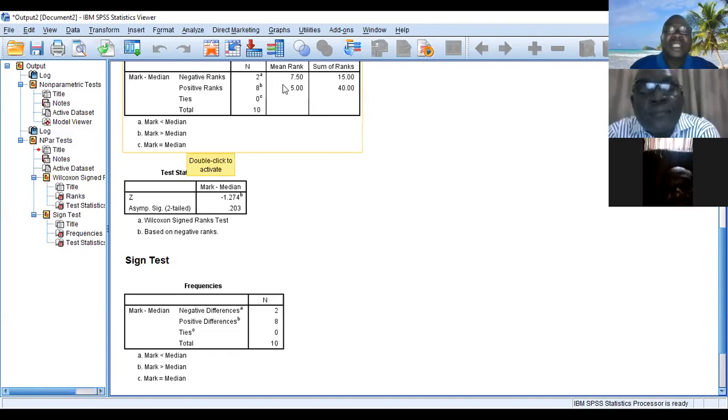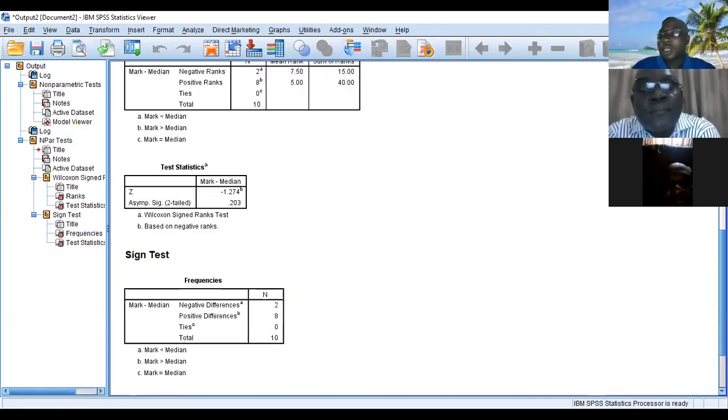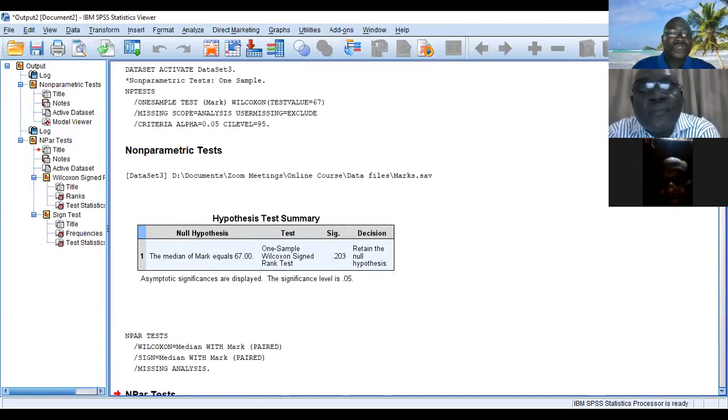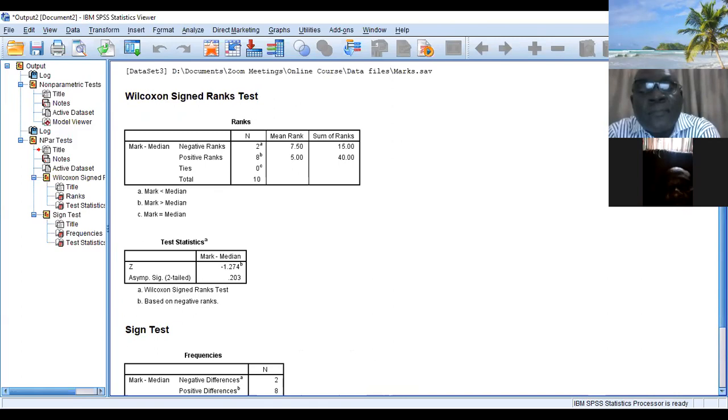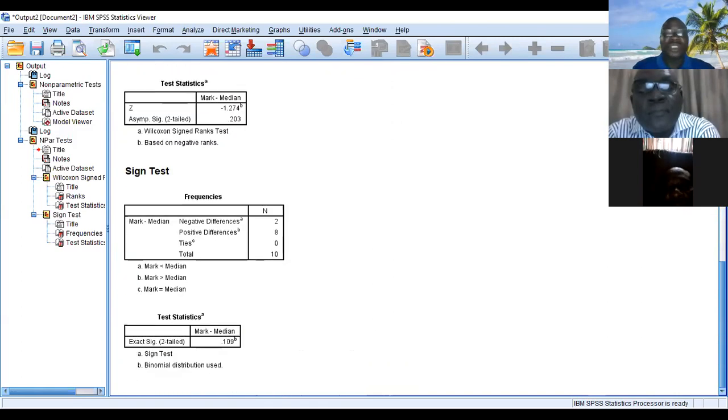Look at this one now. The negative. If you look at this, we are still coming back to explain. I will not talk about it now, just see that it's not significant.